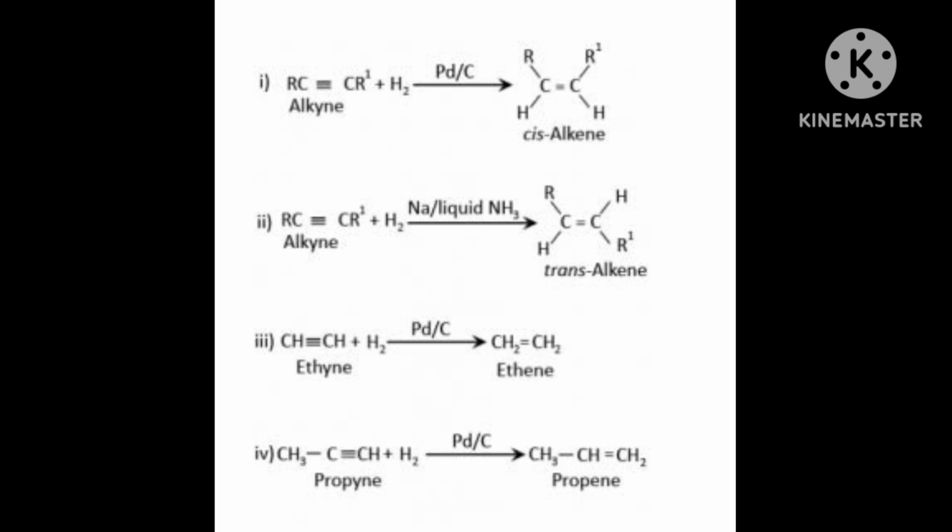This I have told you as the question. You have to find out which of the following compounds will show cis-trans isomerism. Now I am telling the solution, the answer. Explanation I am telling you.